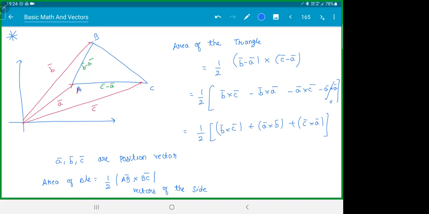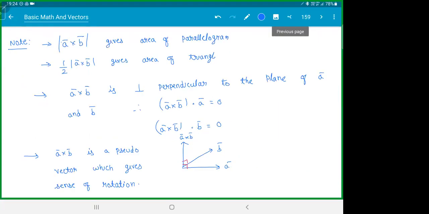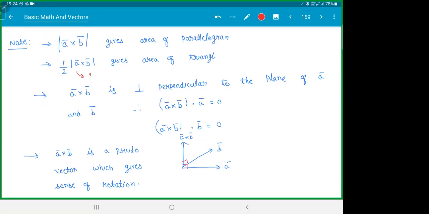Both are not the same, because I know the way we derived half A cross B, that A and B are actually the sides of a triangle. Maybe I'll add that thing there. Here A and B are sides of the triangle. These are sides of a parallelogram.